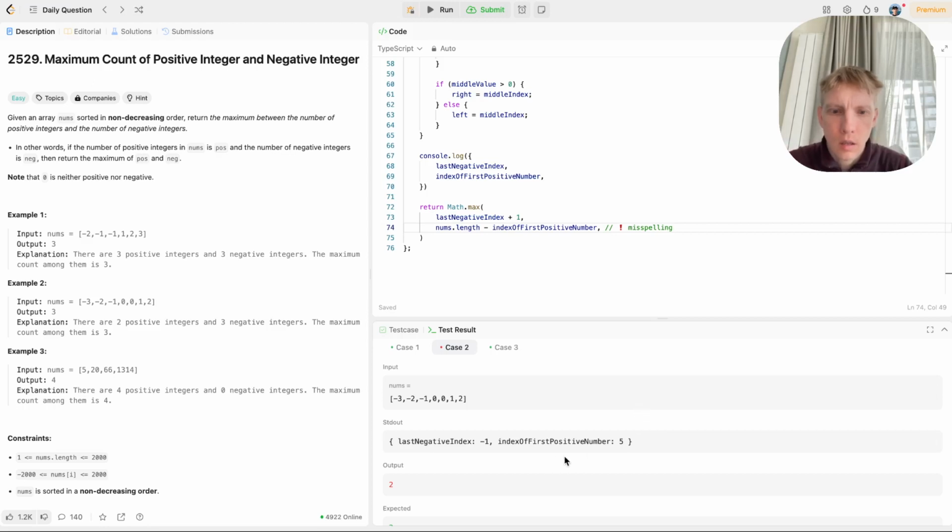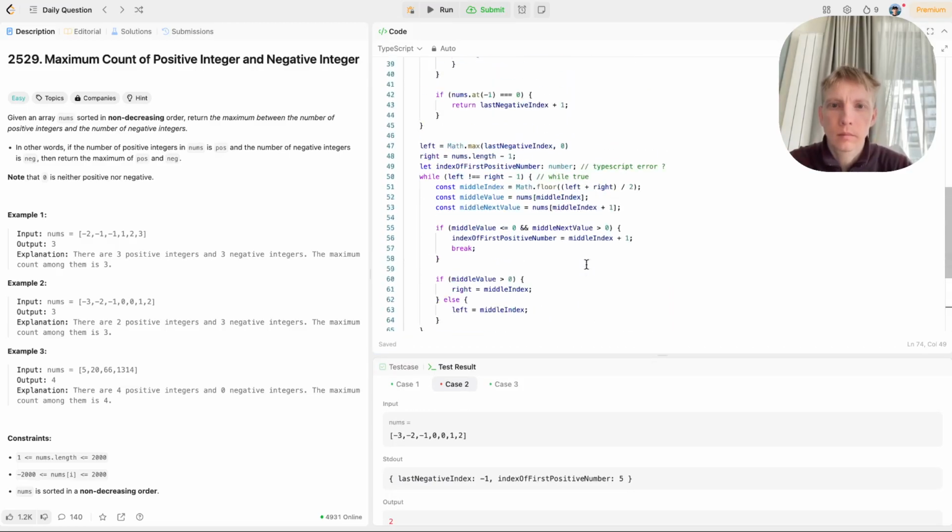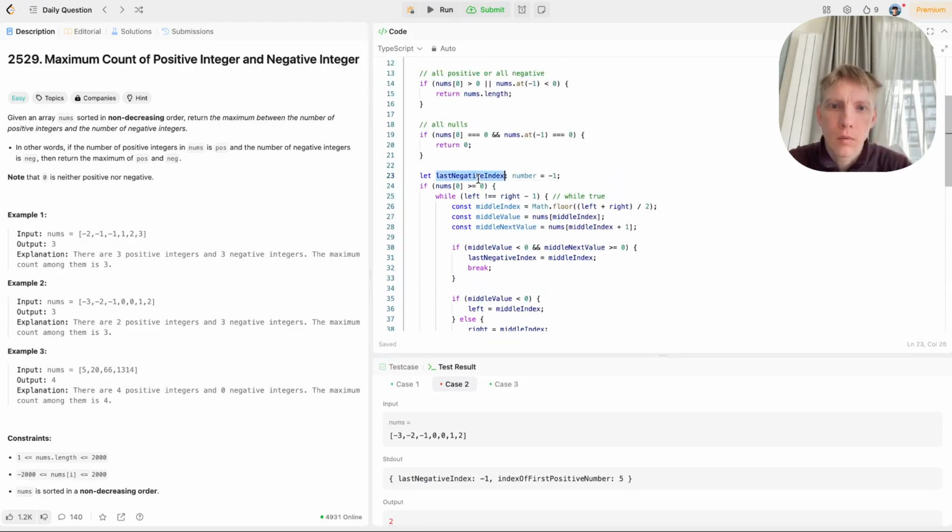Okay, this case, index of first positive number is right, 0, 1, 2, 3, 4, 5, but last negative index is wrong. Something wrong is here.